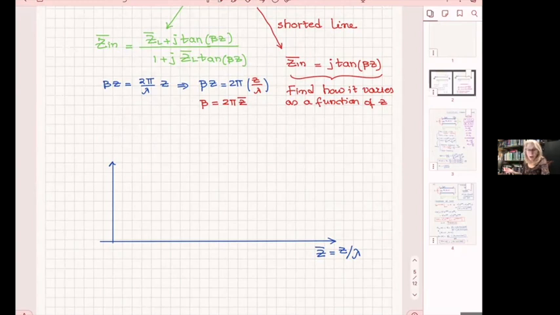And then we're not going to write the bar anymore from that point on. We will always assume that it's normalized.